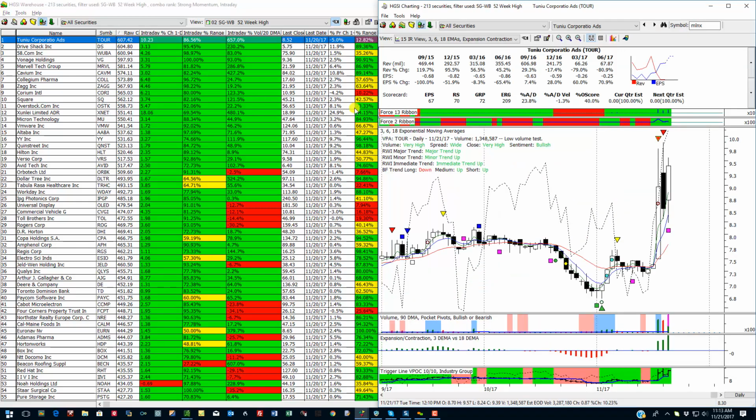Now here's a stock I'm not familiar with at all. It hit the 52-week high yesterday, at that point pulled back, opened here, traded down, and it won't be a new 52-week high today again unless it really picks up here. But it did hit the 52-week high yesterday, and buyers are stepping into it today.